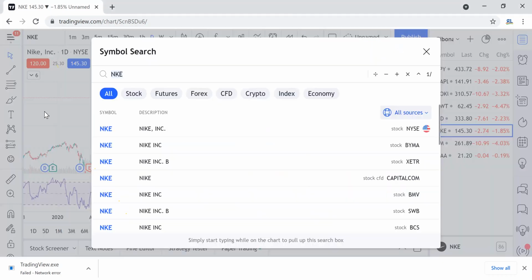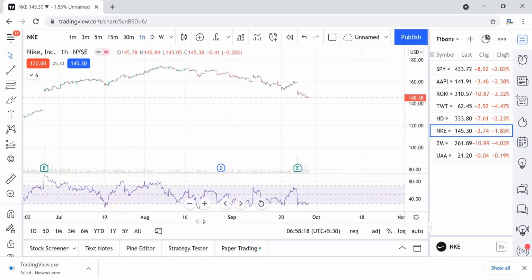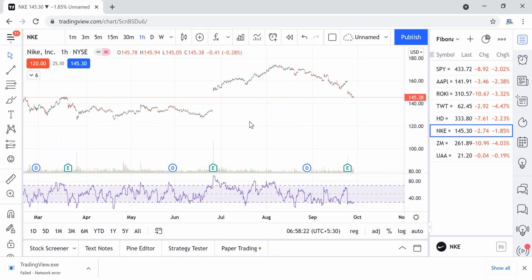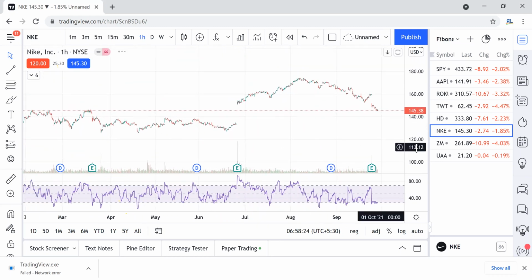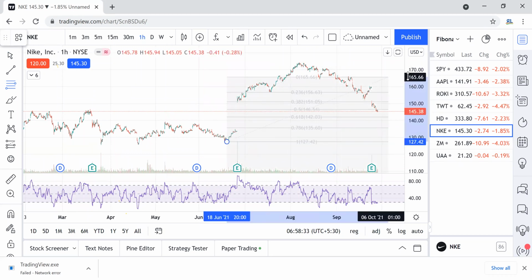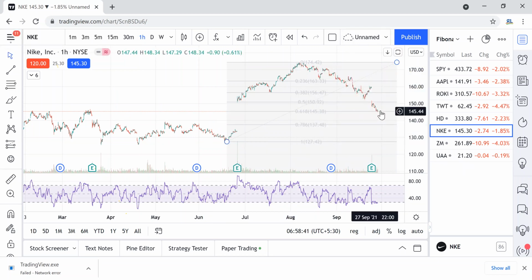Okay, Nike. Nike on the hourly chart looks so good for fibs. And I wanted to show you guys that. Okay, this is the most recent bull run on Nike. And this is the hourly chart, by the way. And today in the evening room, Robert said, this is a great buy zone.